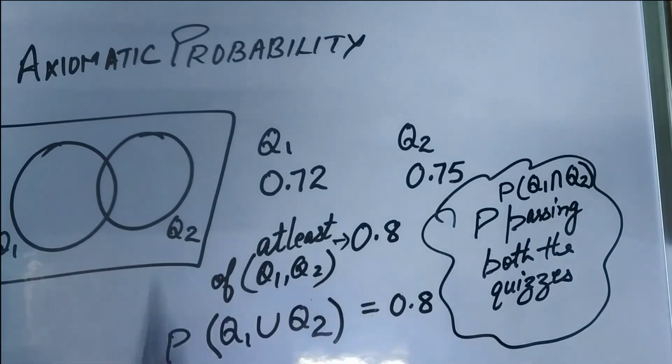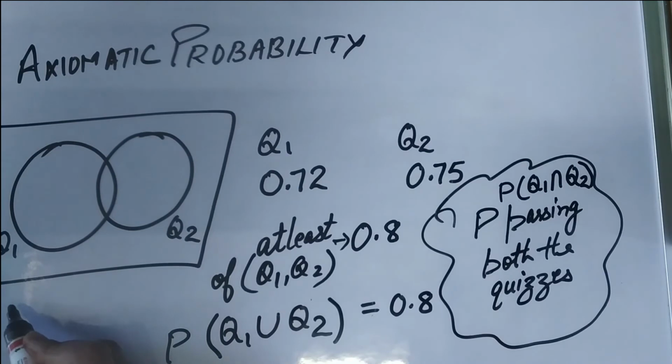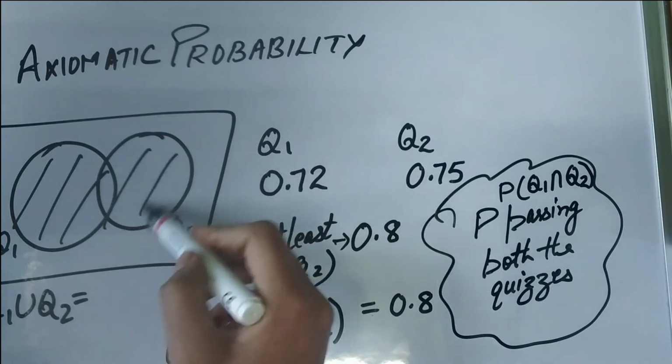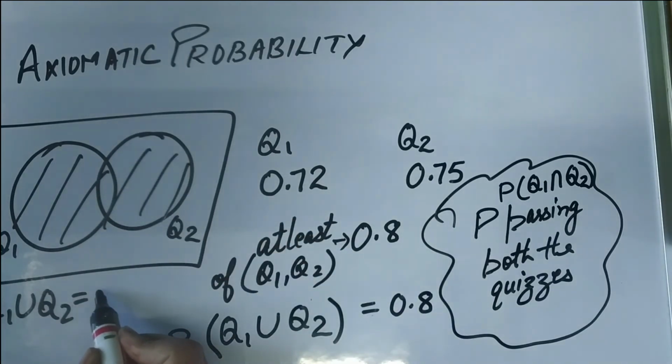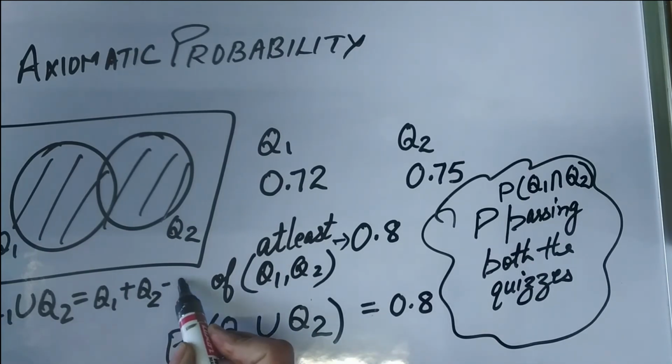Here, let's use the set rules to sort it out. We know that Q1 union Q2, which means this full region, is equal to Q1 plus Q2 minus Q1 intersection Q2. Let me write it properly.